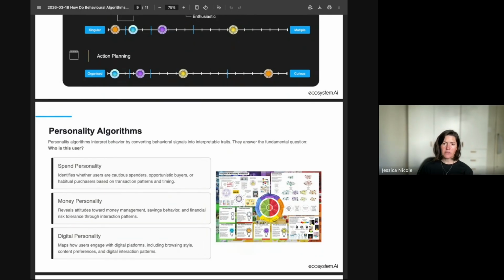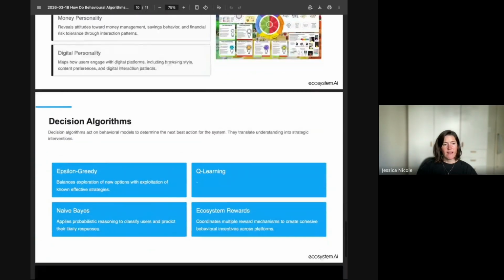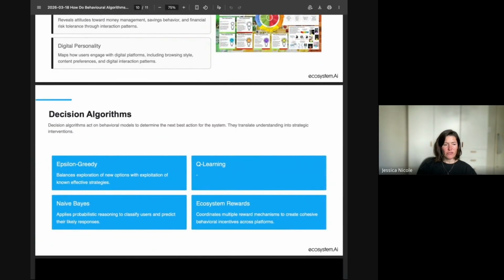Whereas the money personality has got a lot more of a timely nature to it. So you would tend to need a little bit more about a person and use that in a very effective way. And then, yeah, Eric can talk us through the decision algorithms from earlier.